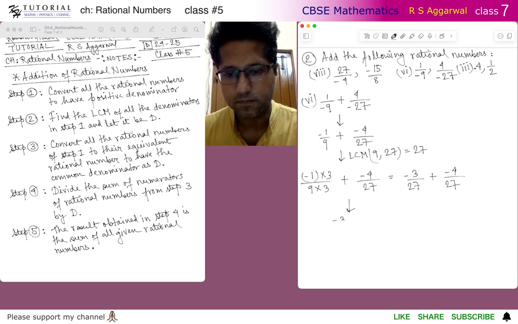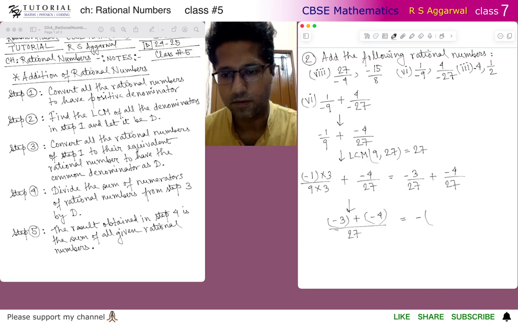So minus 3 plus minus 4 divided by 27, this is minus of 3 plus 4 by 27, this is minus 7 by 27. This is the answer.